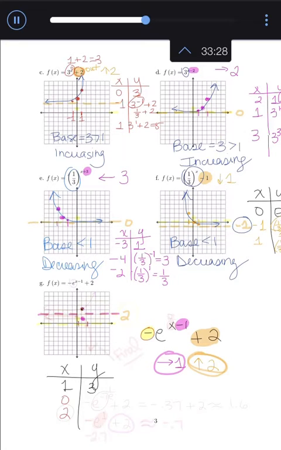So let's plug in 0 first. Plugging in 0 will give me negative e to the 0 minus 1, which is negative e to the negative 1, plus 2. Well, e to the negative 1, that's about 1 over e. 1 over e is about 0.37.